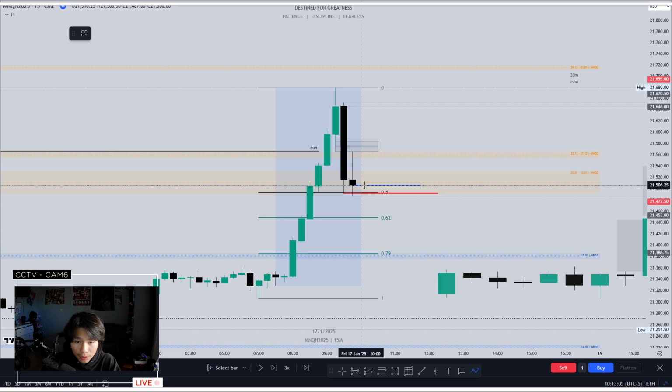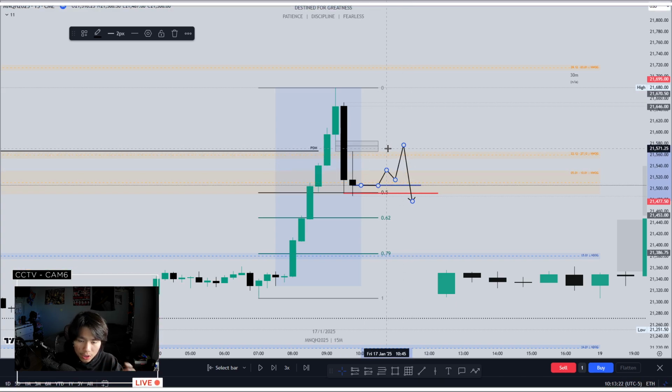We could possibly rebalance this inefficiency, but I was willing to take the risk that even though we closed above that red line, the blue line's above the red line, maybe we could treat this as a breakaway gap, because sometimes that does happen, even though we created it like this.